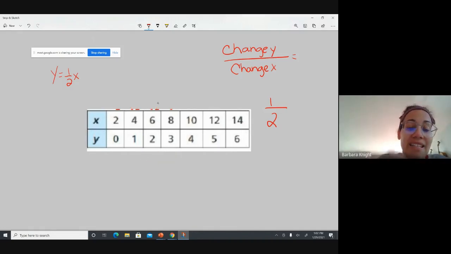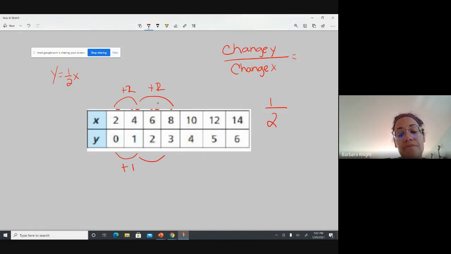So this is tricky because this is plus 1 to go this way, and plus 2 to go the other way. For you to get your y-intercept, x has to be 0. Because we know that if you're going this way you're adding 2, you just have to go backwards.